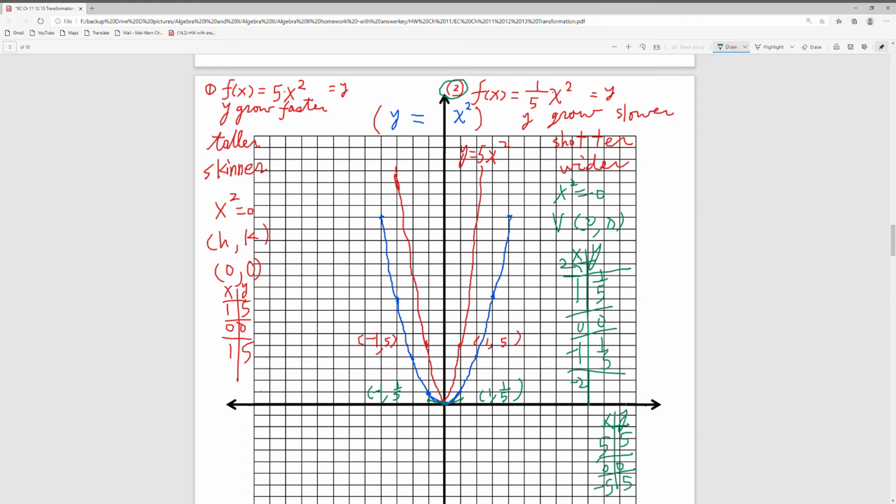We have 5. So 5, 5 and negative 5, 5. So we connect the points. Okay, this part is a little better, we extend.